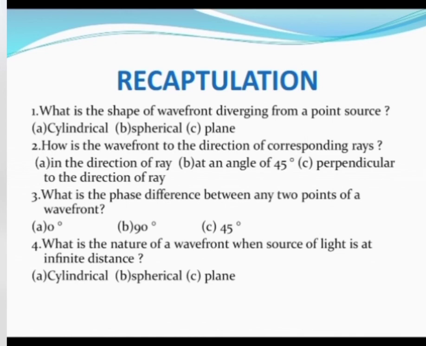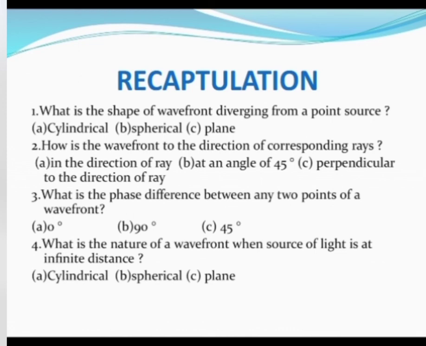We have discussed in this topic that a wavefront always acts at a right angle to the ray of light. Therefore, the right option is C, perpendicular to the direction of ray.